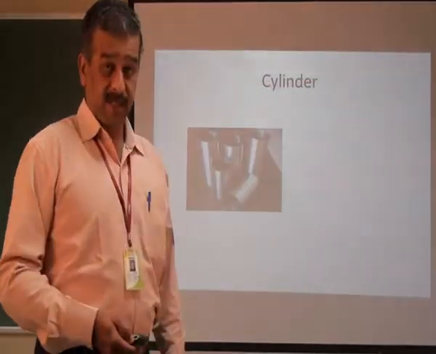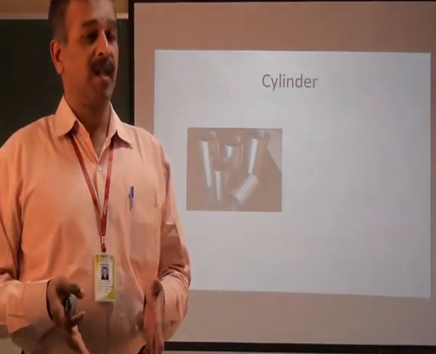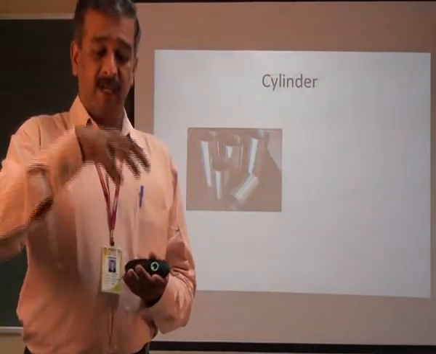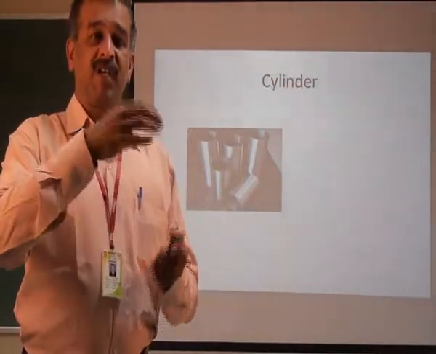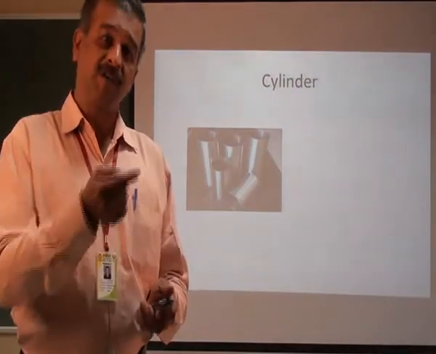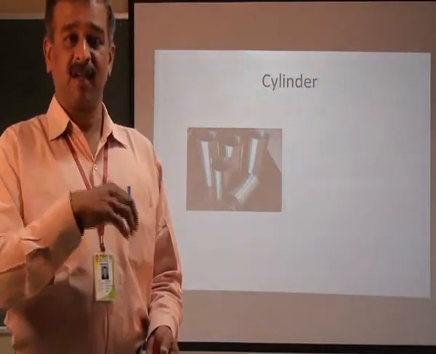And cylinders. The cylinder can be a general line. It may have the liner system directly in the cylinder block itself, or it may have a liner which can be separated.